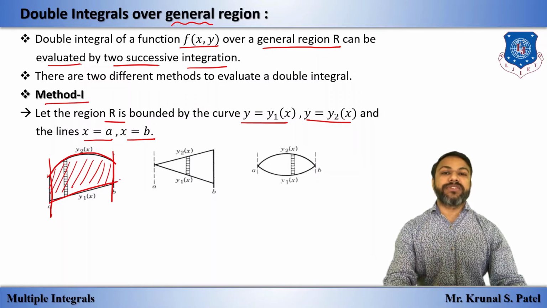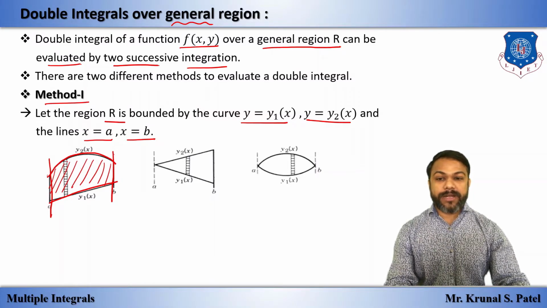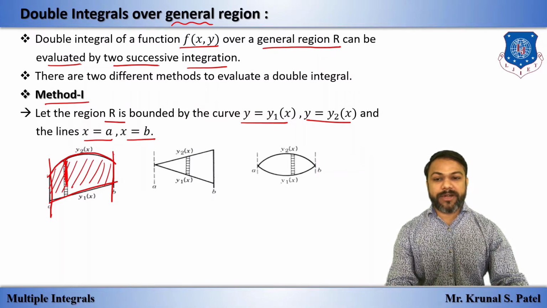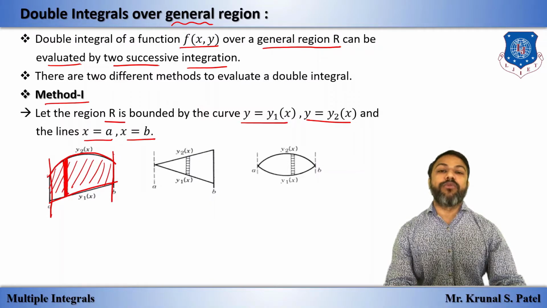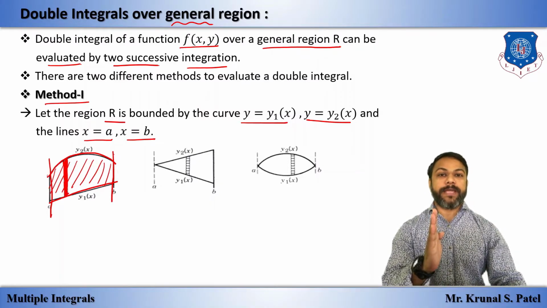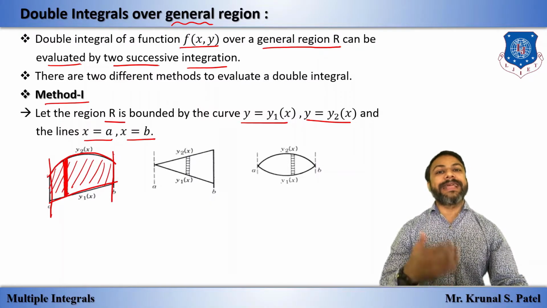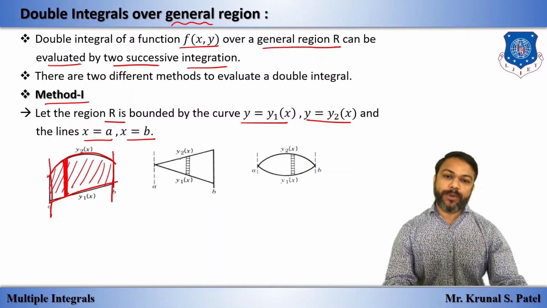If this kind of region is given, that means we can make a vertical strip, then we must integrate with respect to y first, and then the resulting expression is integrated with respect to x.